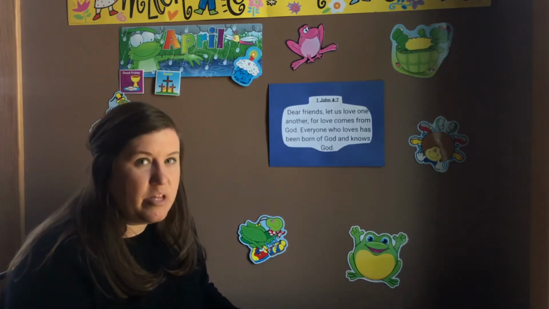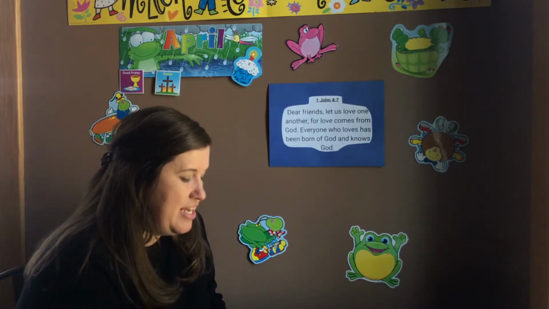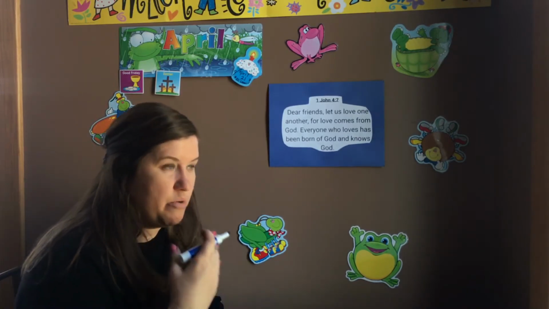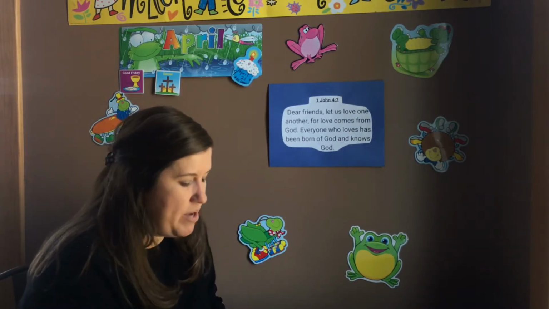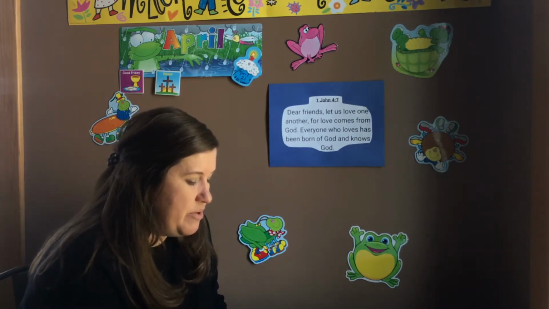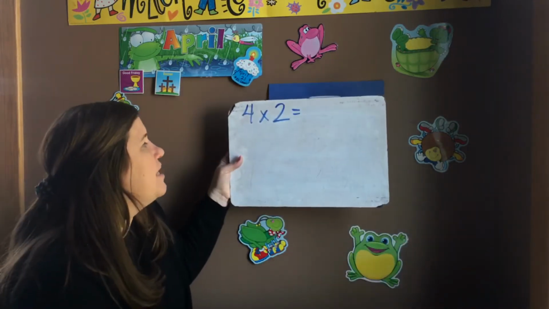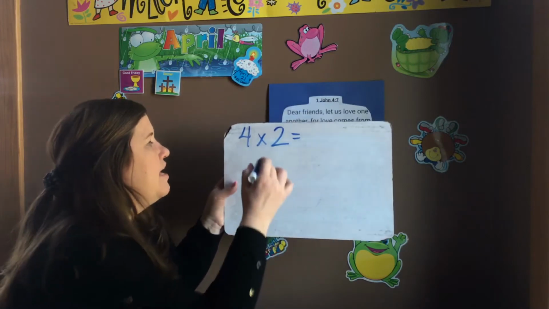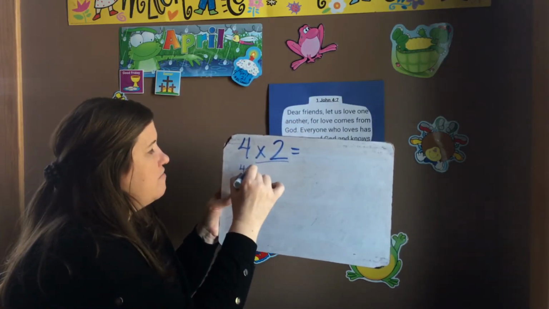So remember that multiplying is just repeated addition. So it's a number plus itself over and over again. So it's just a shorter way of doing it. Okay. So yesterday we did 2s. So we had 4 times 2. And when it was times 2, we thought of 4 plus 4.